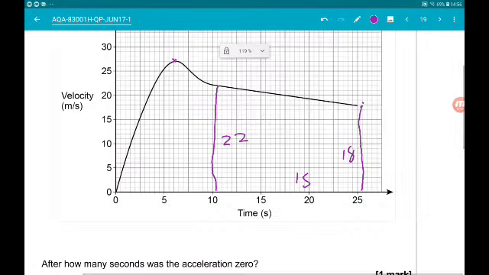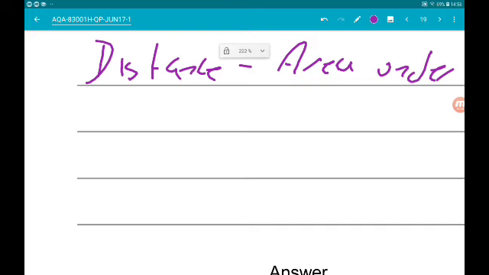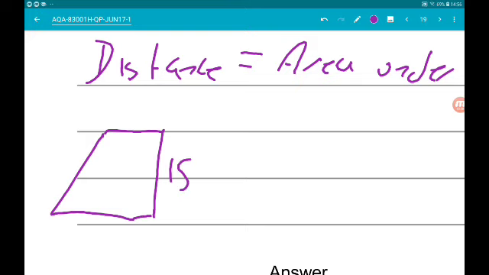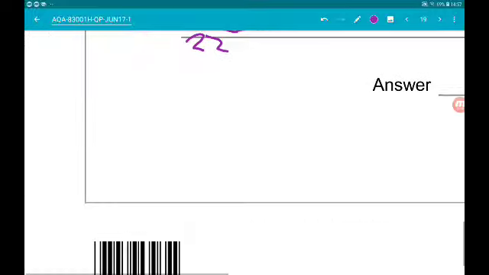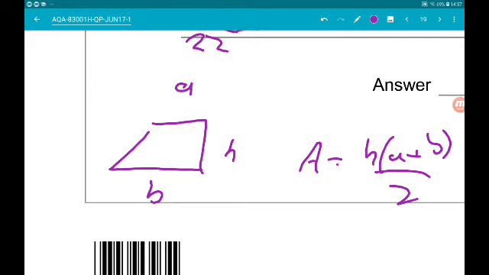So we need to work out the area of that trapezium. So let's draw it so that it looks a bit more like a trapezium. So our height is 15, our base length is 22, top length is 18. Now for a trapezium, this is one that we need to know. The top is called A, base is called B, height is called H, area is height times A plus B all over 2.